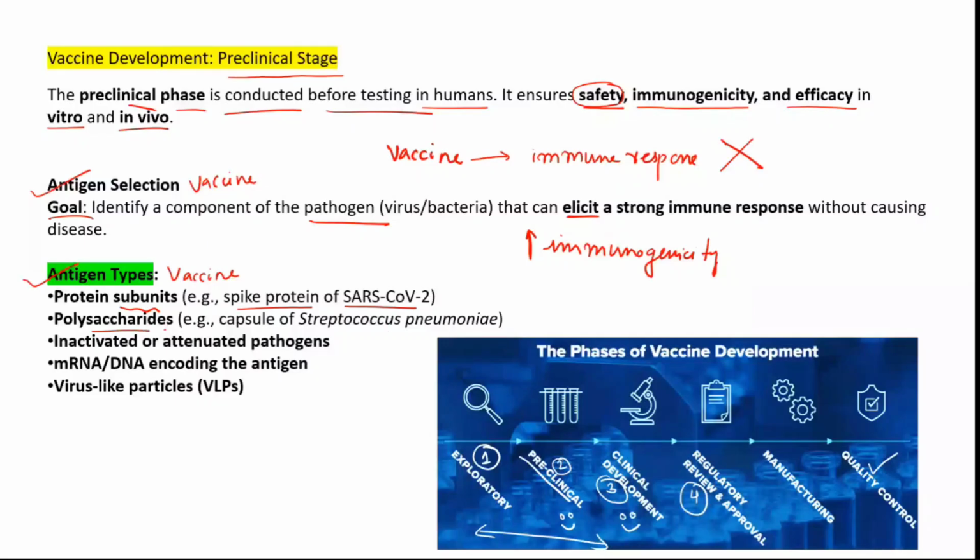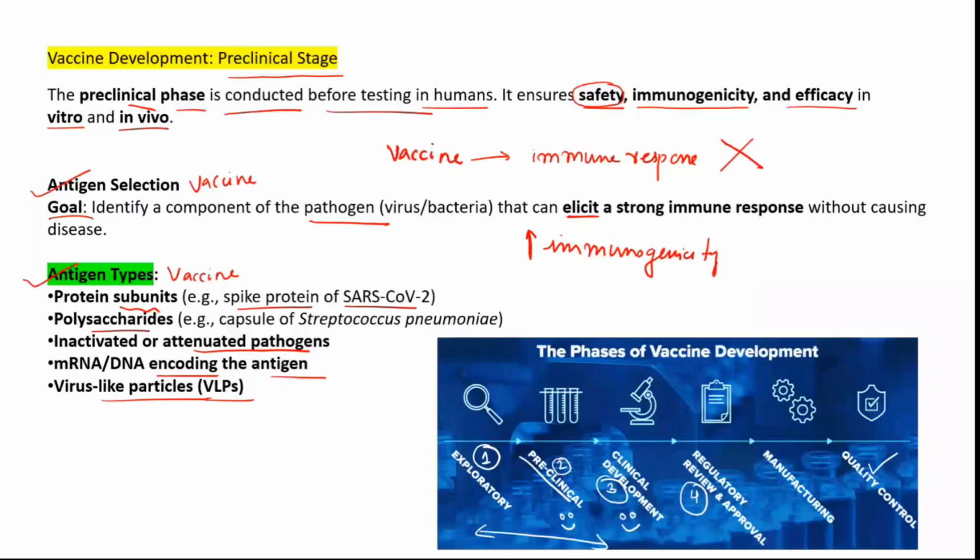Any biochemical component of an antigen you can take for vaccine development. So we have protein subunit and polysaccharide, inactivated or attenuated pathogen, mRNA, DNA encoding the antigen, and virus-like particles. These are the types of antigen, or the part of the antigen, which you can take.